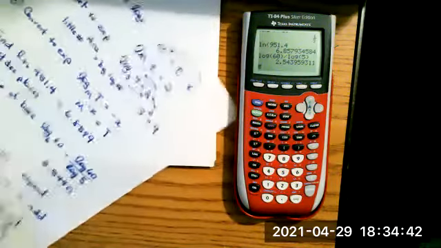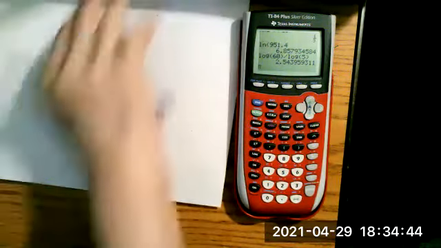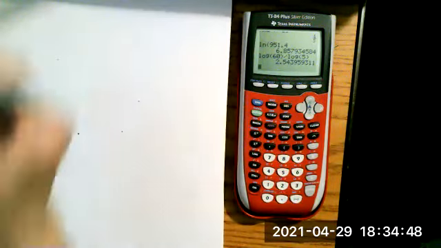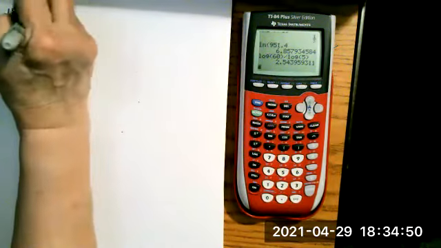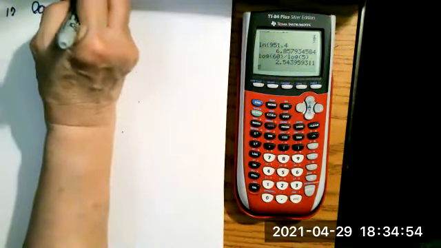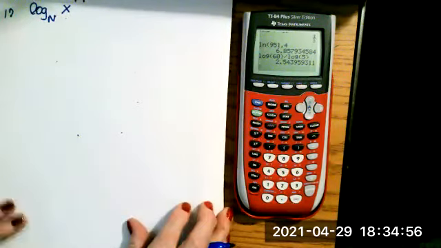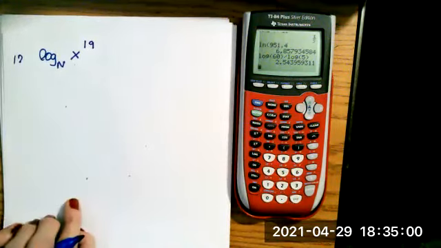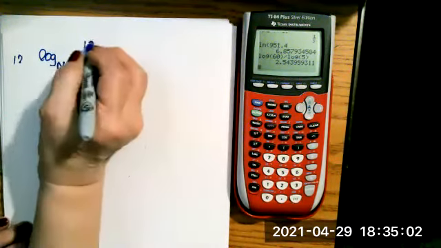Okay, let's look at number 17. Number 17 says log base n of x to the 19th. Now, I think almost all of you know what to do with this problem because we had to do it so much when we were working those problems.